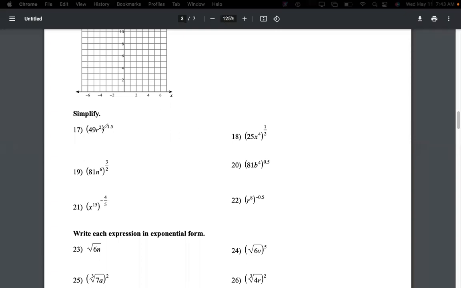Okay, if we have something that's negative in the exponent, then that means we're going to take what's inside the parentheses and flip it. Go ahead and make it flipped before you do anything else. Okay, so that negative exponent means that I'm going to flip everything that's inside.